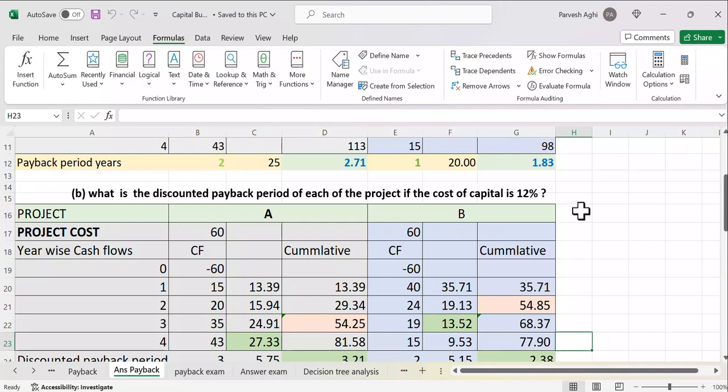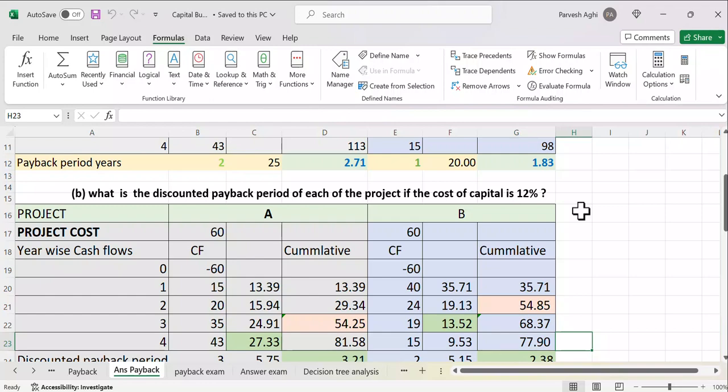So 15 million is equivalent to 13.3 million of today. If I have to calculate the present value of 15, it is 13. 20 million received after 2 years is equivalent to 15.94 as of today. And 35 is 24, 43 is 27. So we have discounted those cash flows and calculated the present value if we apply a 12% rate. Okay, fine.